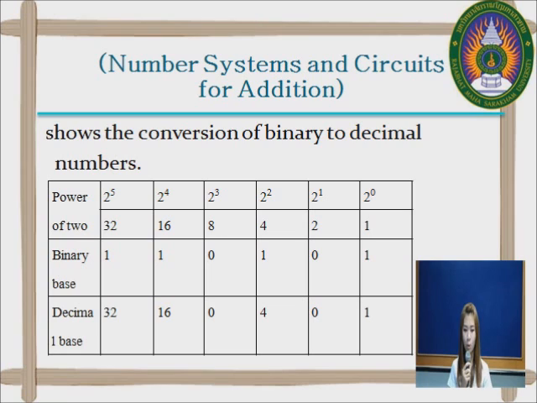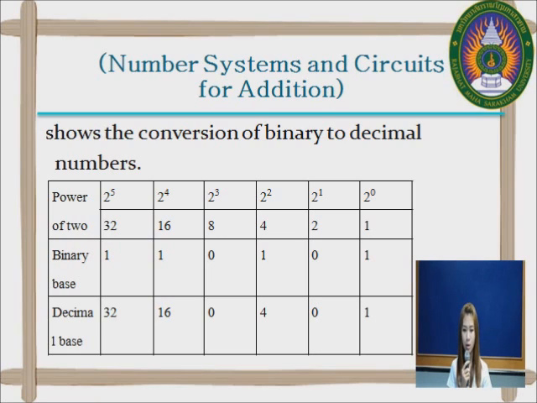Binary digit 1, decimal value 16. Power of 2: 2 to the power of 3 equals 8. Binary digit 0, decimal value 0.